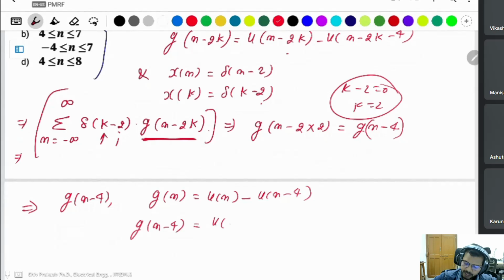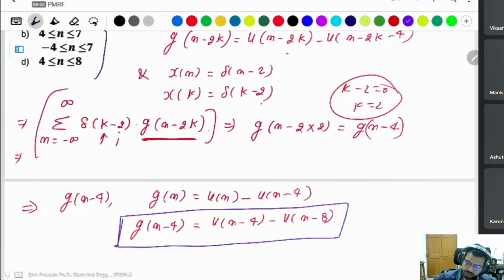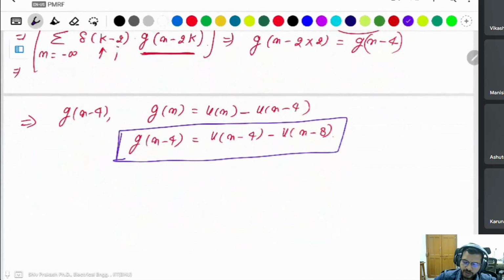It is u[n minus 4] minus u[n minus 8]. Then we ask what the value is over the range of n where this is available.